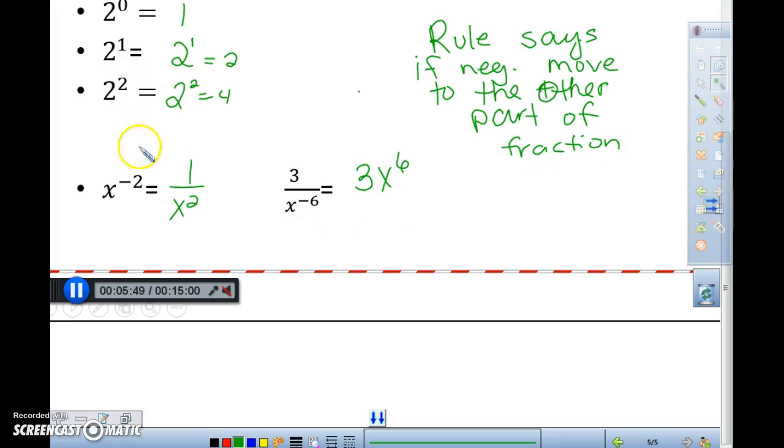So if it's negative like here, you're going to put it over 1, in the bottom. If it's negative down here, you're going to put it on the top. It's the reciprocal, was the big fancy word that somebody said. It's the reciprocal. All right.